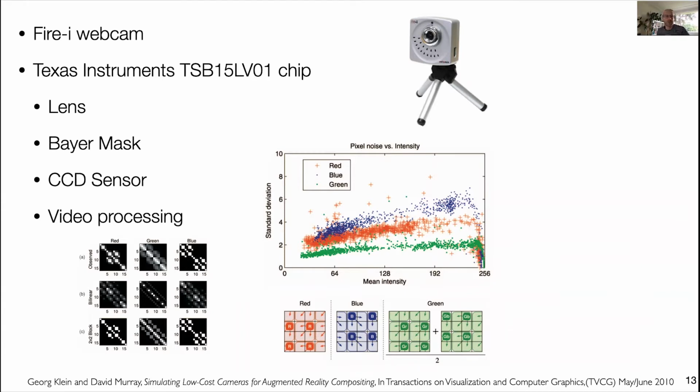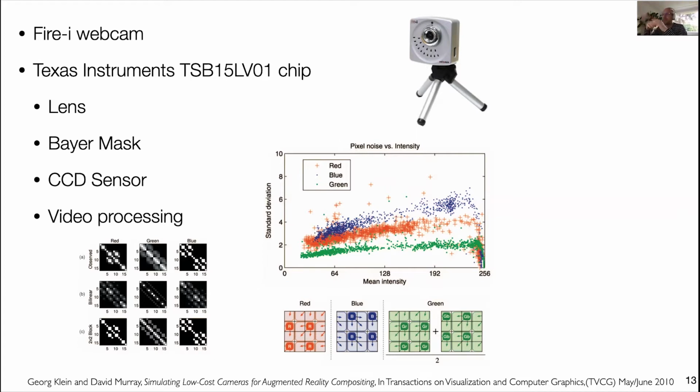And what George Klein did back then, he analyzed the lens, he analyzed the Bayer mask, he looked for the specifics of the CCD sensor that was in the camera and of the processing. So that's basically what is done once the image is captured. And he tried to either find the specifications, so find out how the internals of this camera worked, or he tried to analyze and re-implement that.